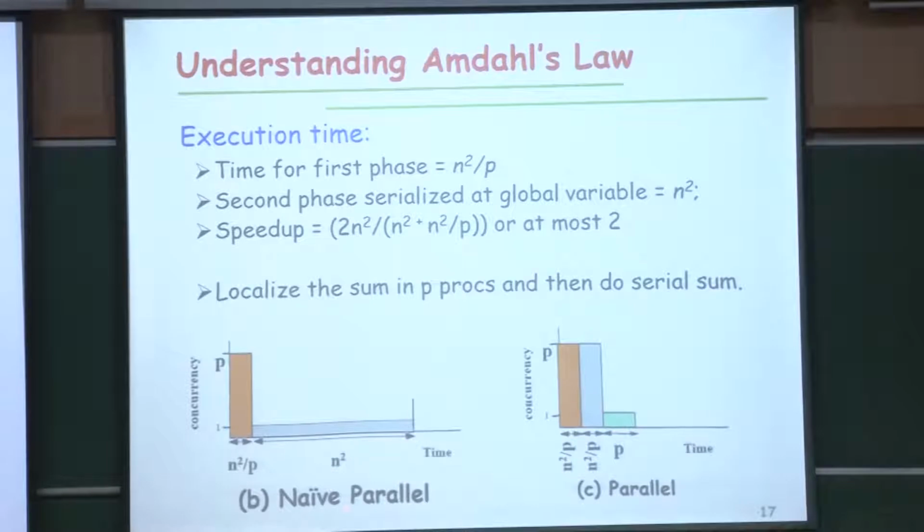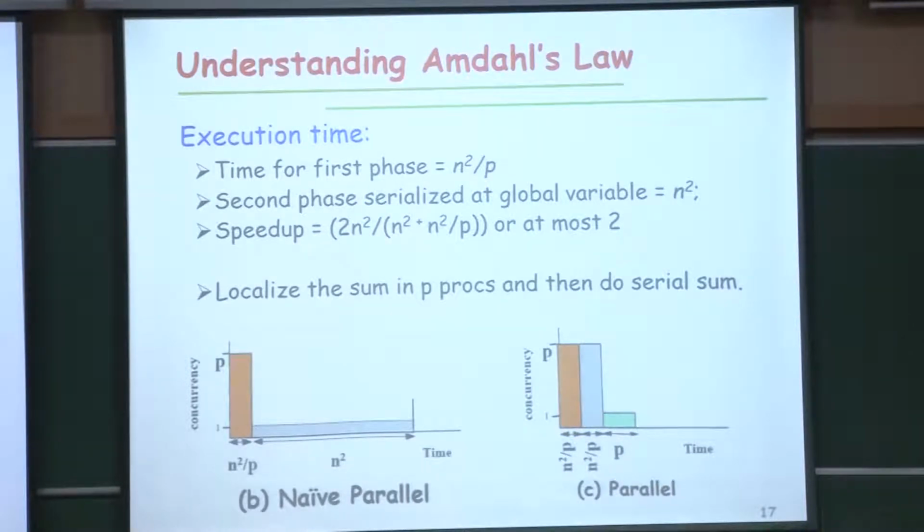You first do the initial computation of n squared by p elements in p processors, which takes exactly n squared by p time units. Then you do a local reduction for all the n squared by p elements in that processor, and eventually you reduce all the locally reduced values in one processor, maybe processor 0, and that takes p amount of time.